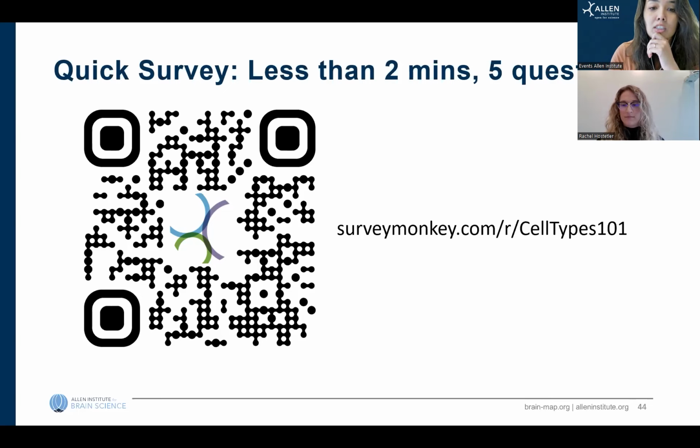Next question is, for single cell RNA sequencing, what are the advantages of using cells or nuclei? That is a good question. I'm going to think about this one for a minute.